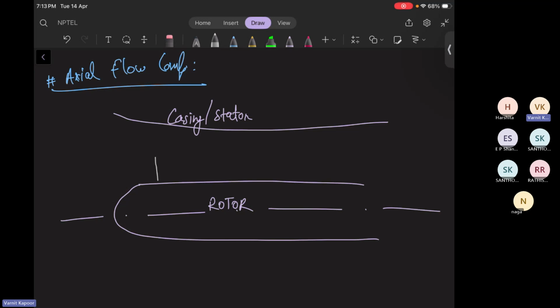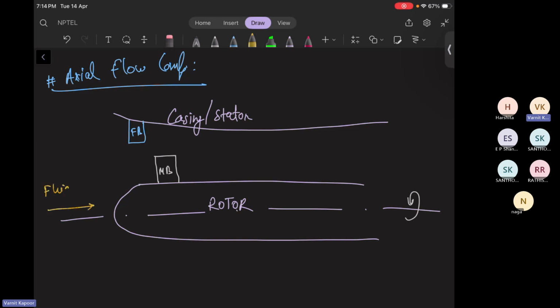The blades are like this because the rotor is moving at some angular velocity omega. This is a moving blade, MB. There is a fixed blade over the casing to act as a diffuser. This combination of moving blade and fixed blade is called a stage. Fluid is entering from here.